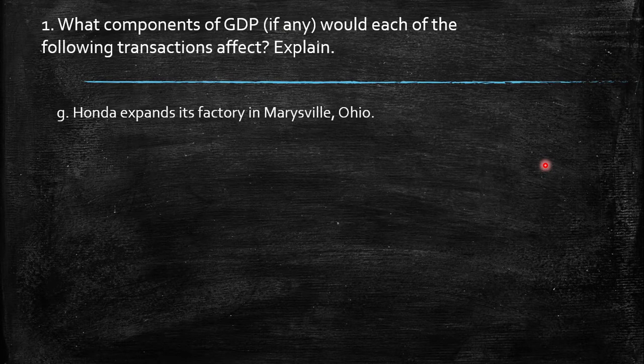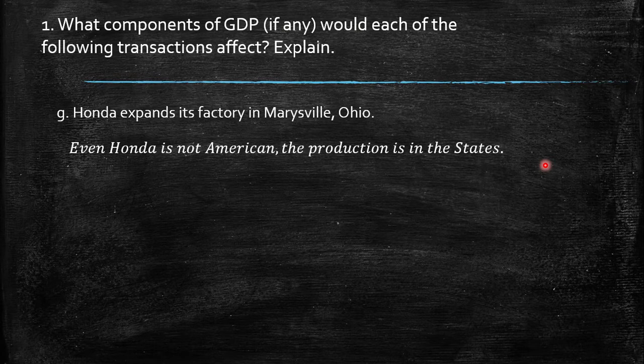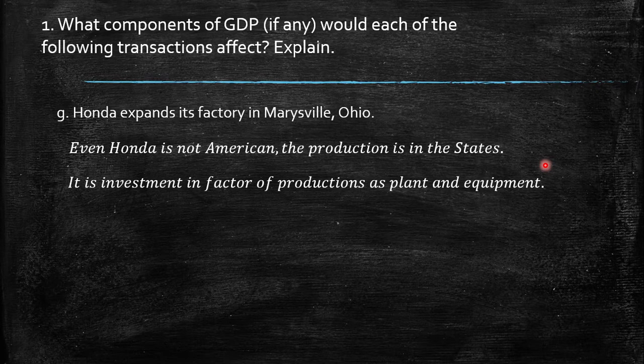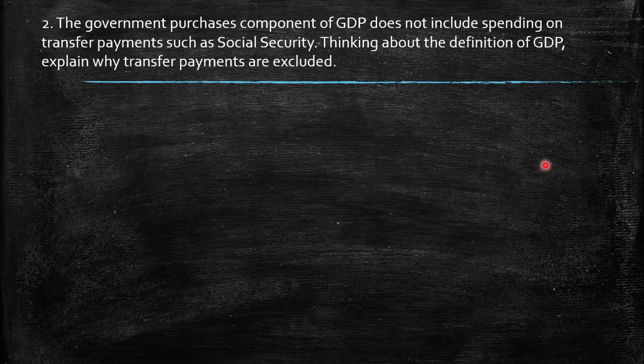G. Honda expands its factory in Marysville, Ohio. Even though Honda is not American, the production is in the States. So this investment is part of the factors of production, as plant and equipment, and naturally it goes via investment for the GDP.